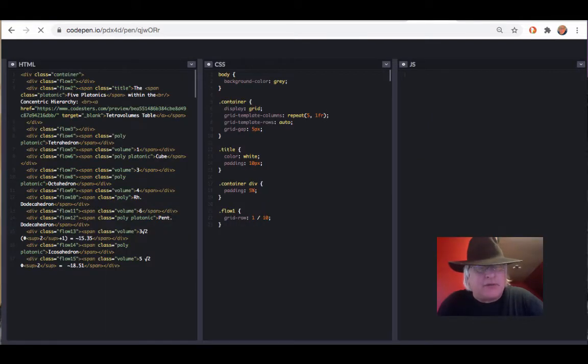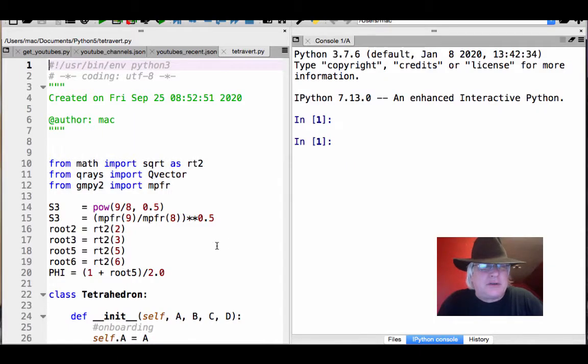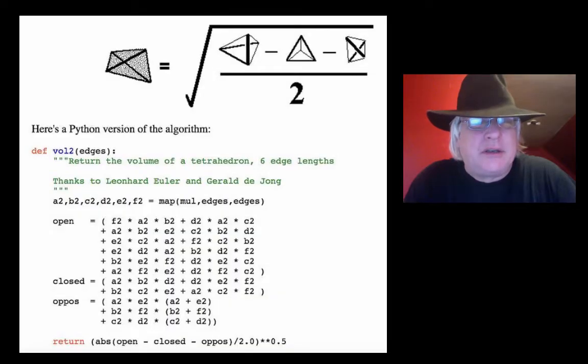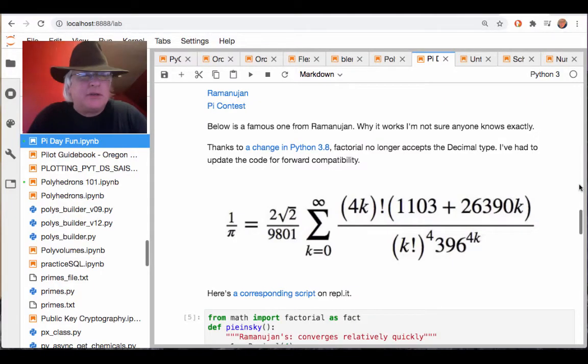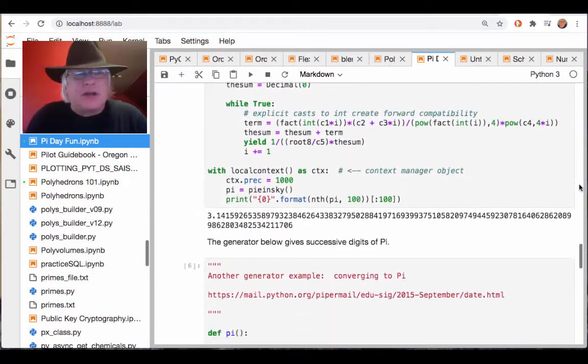I don't even use my tetra volume formula, and by mine I mean the one I always use. Gerald de Jong taught it to me, right? Came up with it on a train. He's not sure where it came from, really. It just kind of came up, kind of like with Ramanujan sometimes. So how do you prove it and so on? Well, we've been using it a lot.